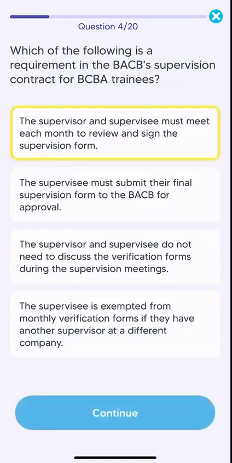First one, no. Which of the following is a requirement of the BCBA supervision contract for BCBA trainees?